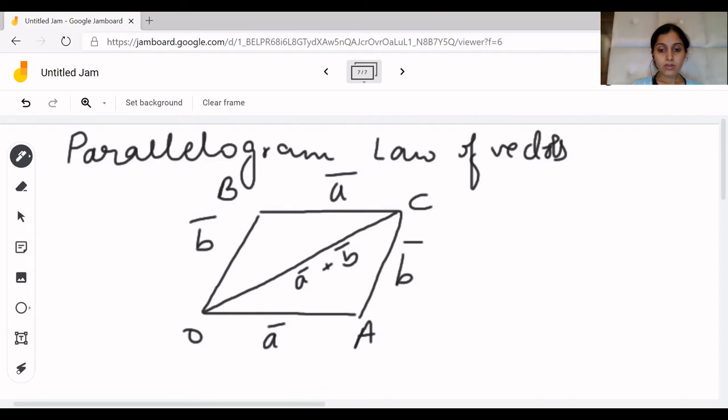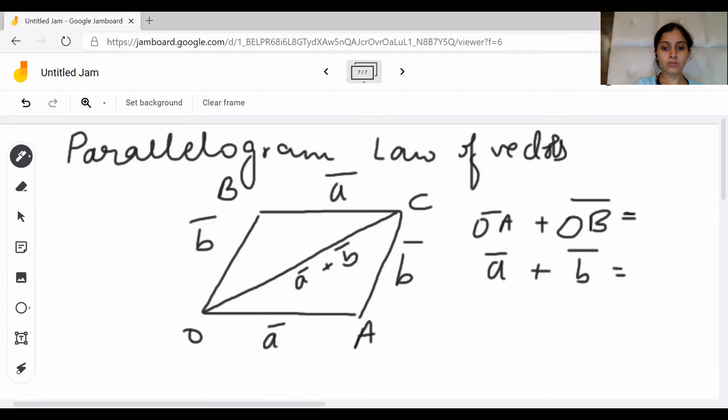Now OA bar plus OB bar is equal to OC bar. So OA bar is a bar, plus OB bar is b bar, so a bar plus b bar is equal to OC bar, right? So OA plus OB is OC.